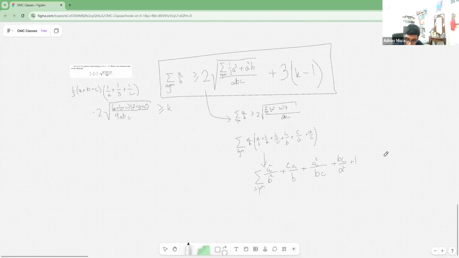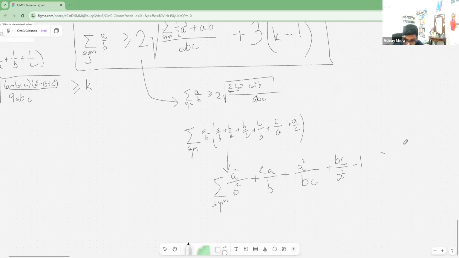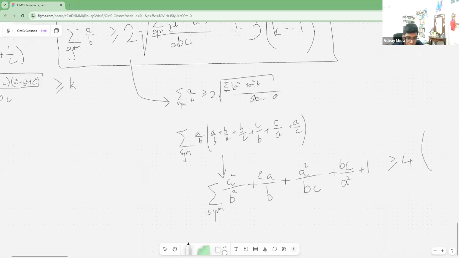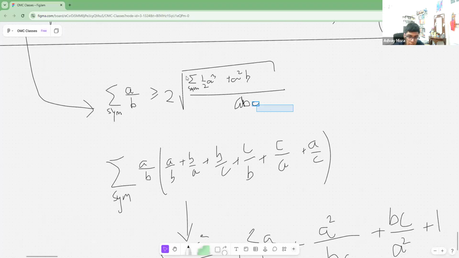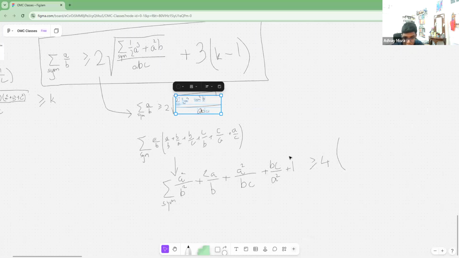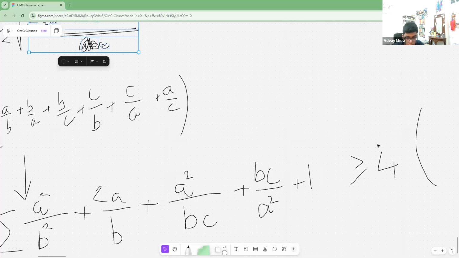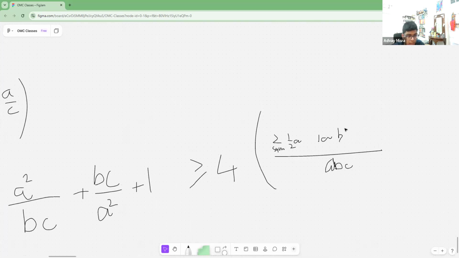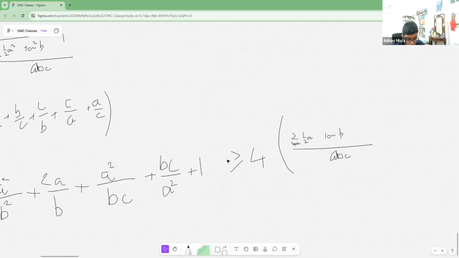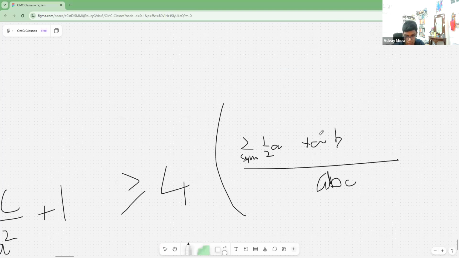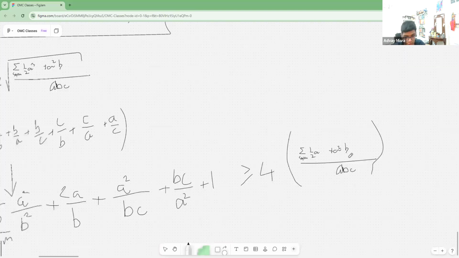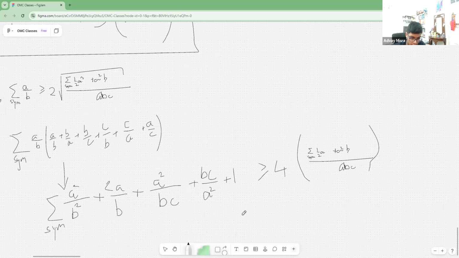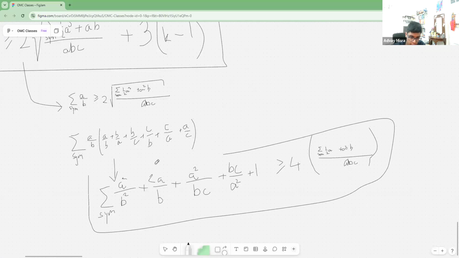And we're basically claiming that this is greater than or equal to 4. Does it make sense? Do you understand how we were able to derive this inequality?